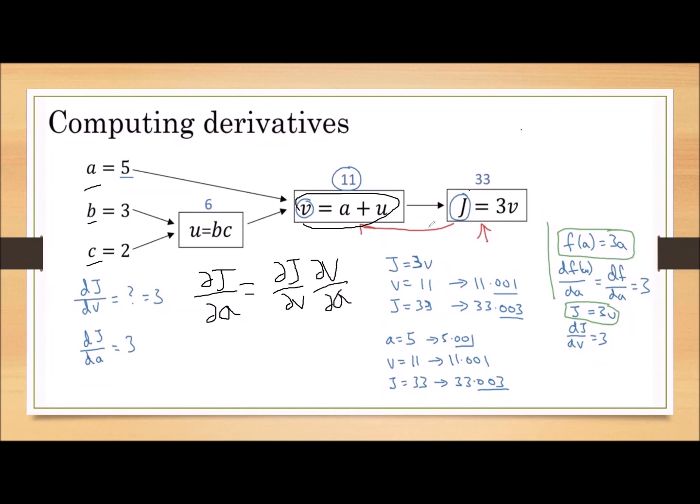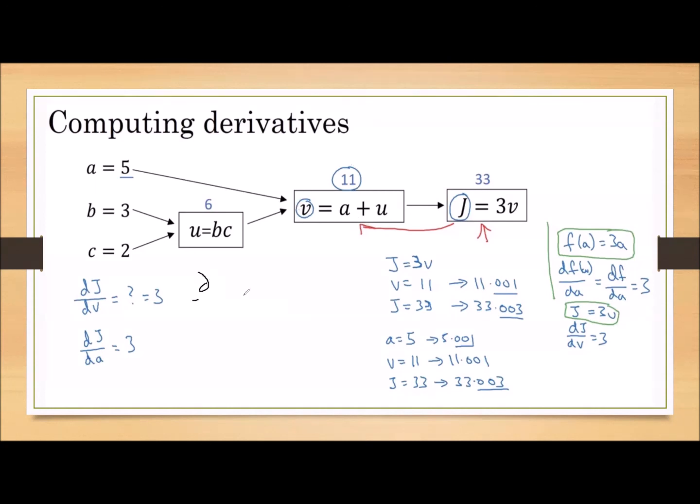First I differentiate dou j by dou v, and then dou v by dou a, to see how v and a are related, that is, for changes in a, how v is affected. In neural networks, we calculate the deltas using this method, which is called back propagation.